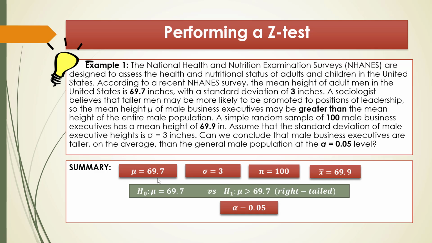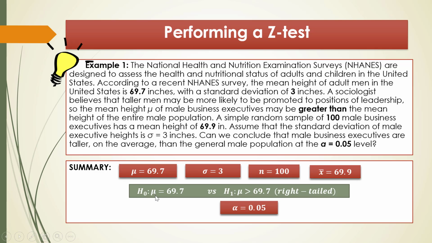And we are working with the population mean of the recent, the new value. So actually here 69.7 is mu naught, but because when we perform a test, we assume that the null hypothesis is true, and we find evidence to either go against it or support it. So here we say mu is equal to 69.7, or actually the same as mu naught.